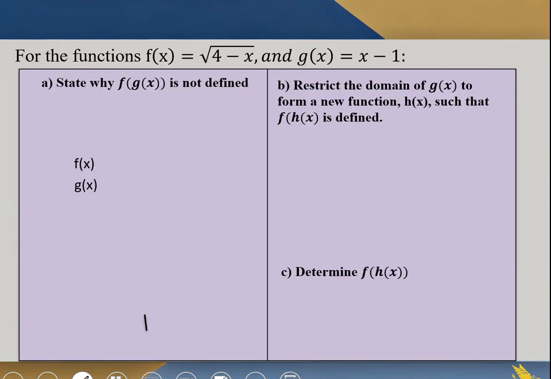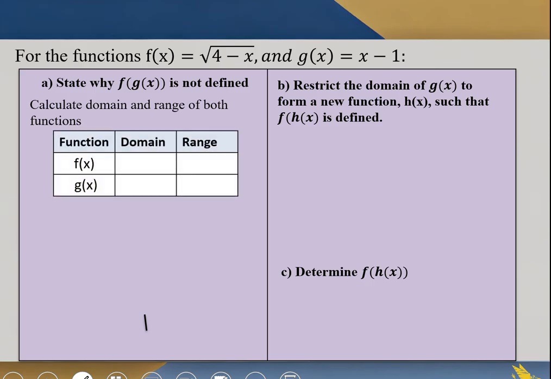So to start off with, we've got f of x is equal to the square root of 4 minus x, and g of x is equal to x minus 1. The first thing we need to do is work out what is the domain and what is the range of both functions. So let's look at the domain first.